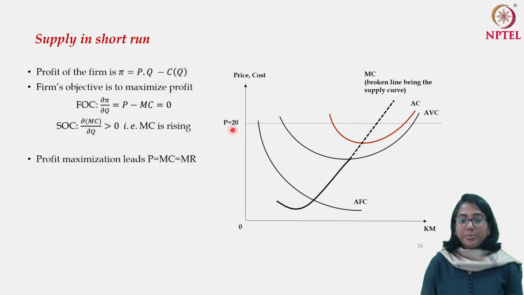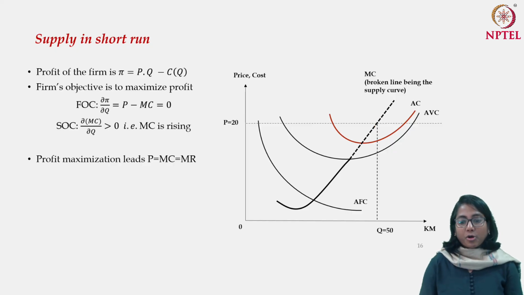Here we see that if P equals 20, P equal to MC is at the point where this horizontal line stating P equal to 20 intersects the marginal cost curve. That is the point where the pointer is. If this is your equilibrium, then what is the quantity produced by the producer? The producer is producing some quantity, for example Q equal to 50, and supplies it in the market.